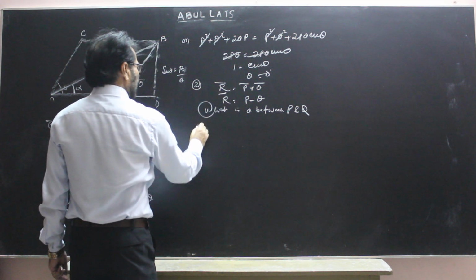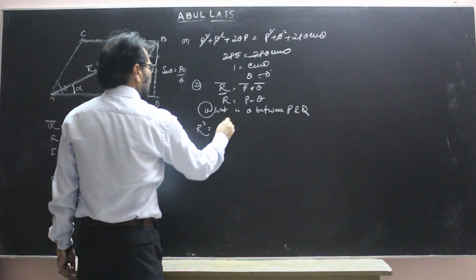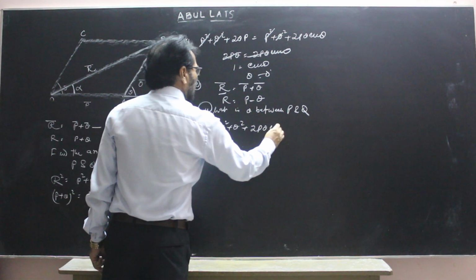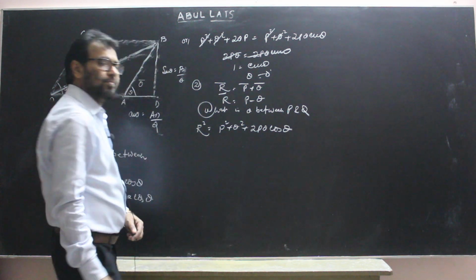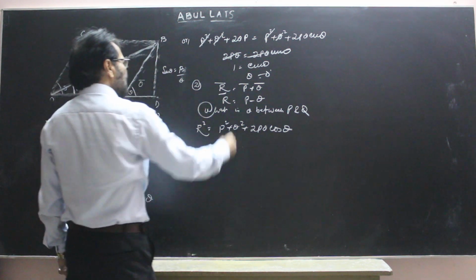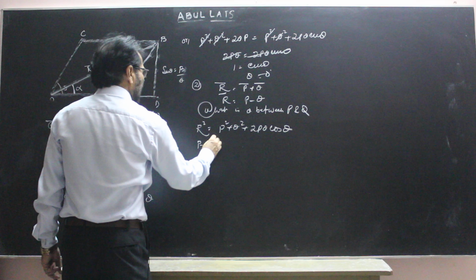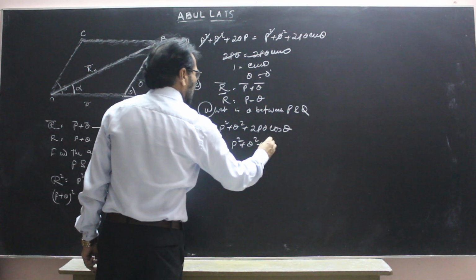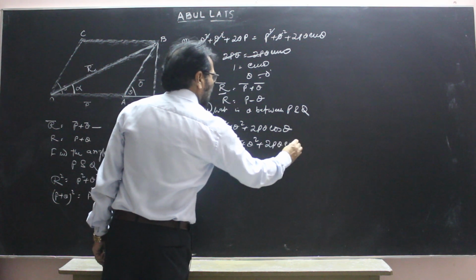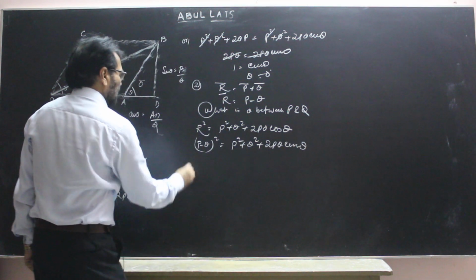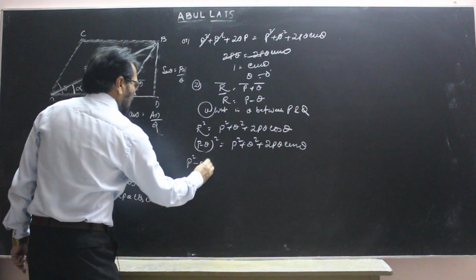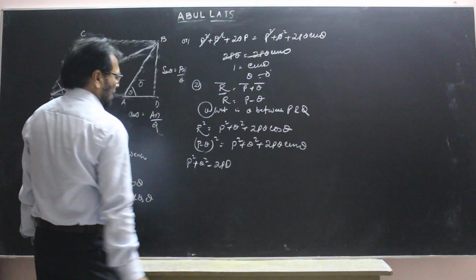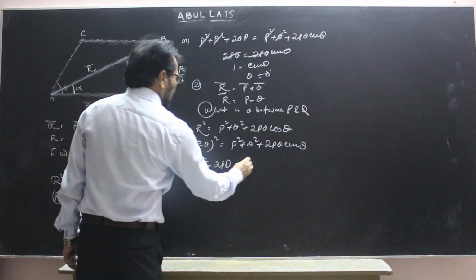Now from this vector equation, R square is P square plus Q square plus 2PQ cos theta, and from the scalar equation it is P minus Q whole square, which is P square plus Q square minus 2PQ.